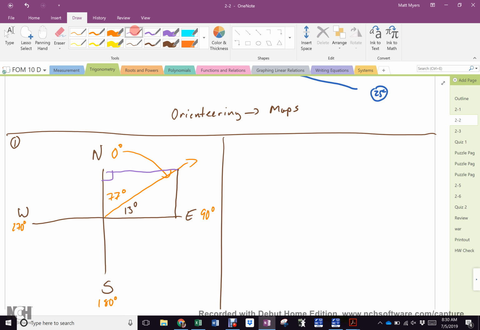Please do 3 things for me on this directional thing. I want you to draw a line at 115 degrees, a line at 205 degrees, and a line at 309 degrees. Draw those 3 lines approximately where you think they should be.